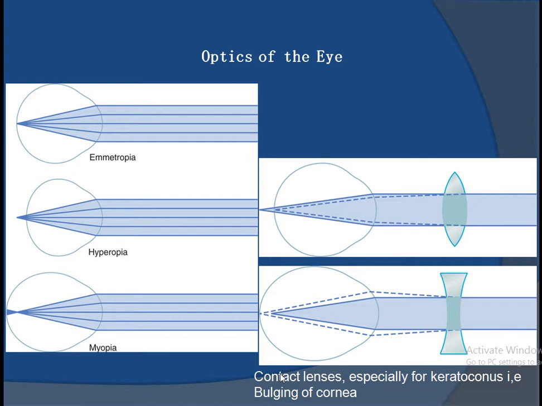About contact lenses, we must have sufficient knowledge before we use them. These are lenses which are placed over the cornea. Number one, they are of different types. They may be transparent, or they may be colored.